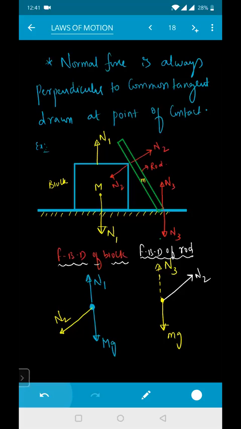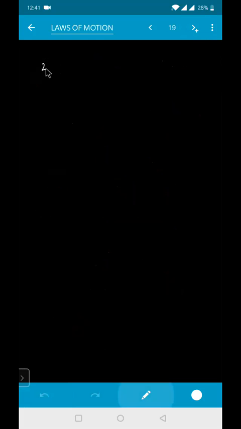So this is my first example which I have taken. I'll give you more examples so that you will become perfect on this one.